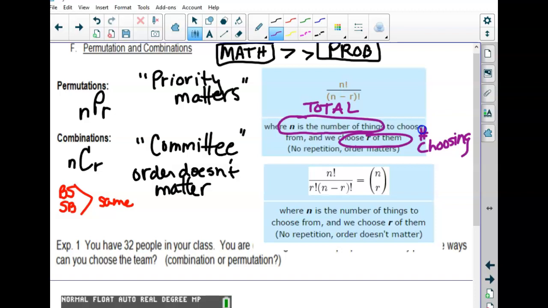So the bigger number always has to go in first, though sometimes they could be equal, right? Out of 17, I'm going to choose all 17. I just want to know how many different ways I could order them. All right.